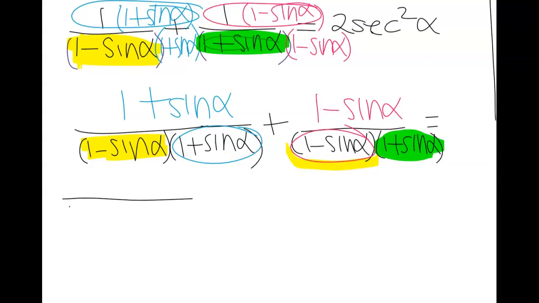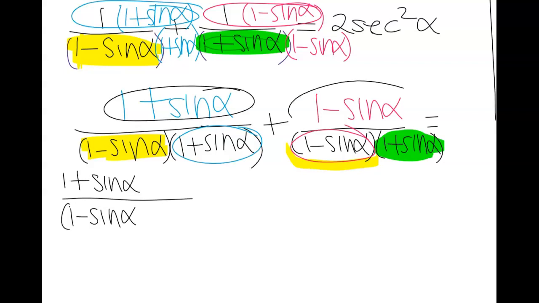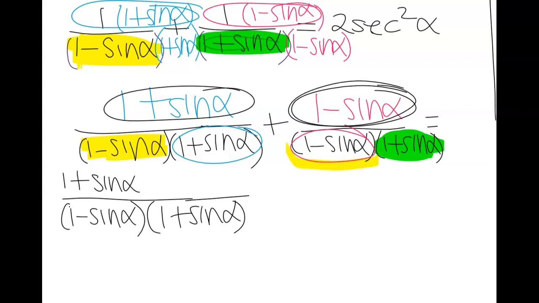Now, since we have the same denominator, we could combine our terms and write them under one fraction. So we have the term in blue, 1 plus sine alpha, coming from here. I'm going to finish writing the denominator first, and then let's write this part: plus 1 minus sine alpha.